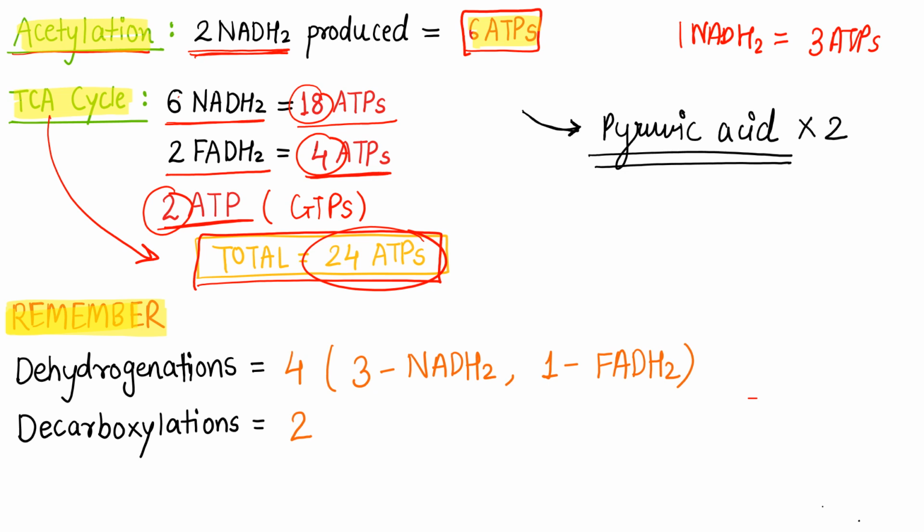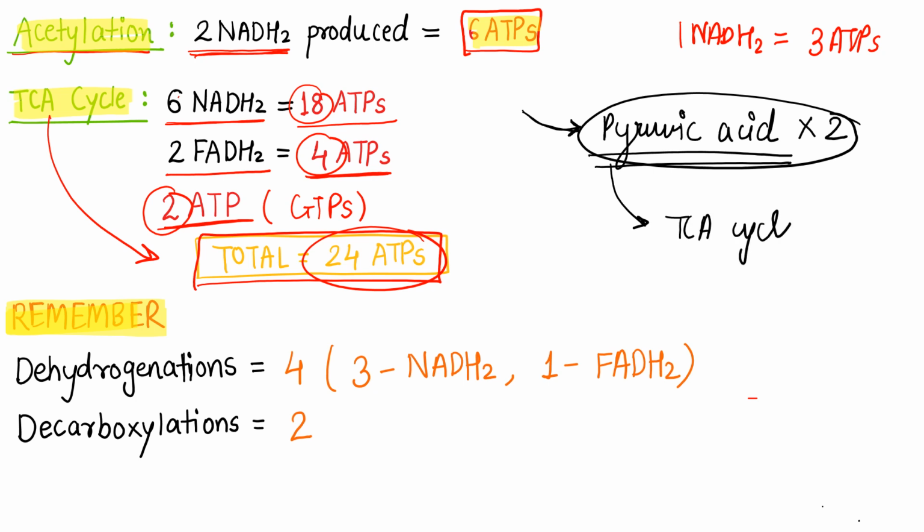So from glycolysis 2 molecules of pyruvic acid enter into acetylation and Krebs cycle process. So therefore whatever compounds are there in the TCA cycle, they will also be produced in 2 molecules. So therefore 3 NADH2 into 2, 6 NADH2s, 1 FADH2 into 2, 2 FADH2s, and 1 GTP into 2, 2 GTPs. So in total 24 ATPs is the net gain.